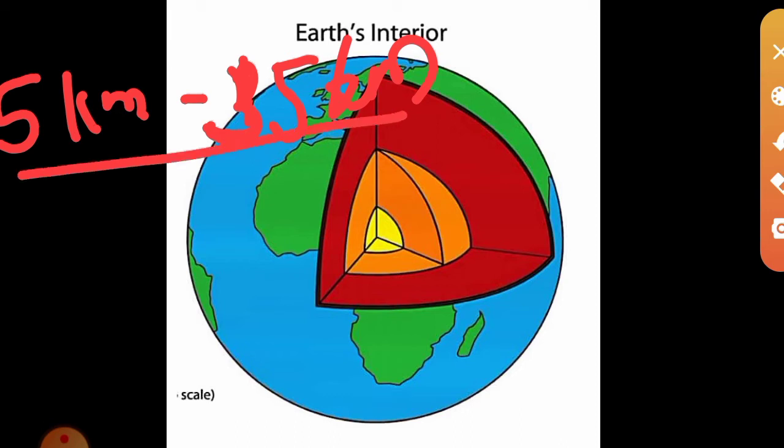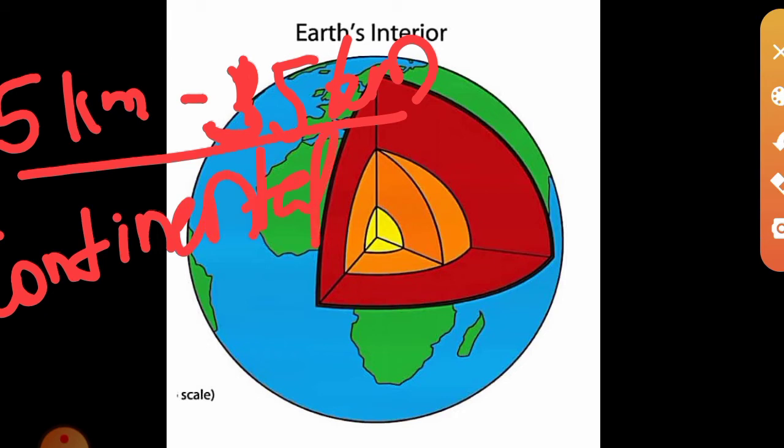That means 5 kilometers under the oceans, and 35 kilometers over the continents. That is why the thickness of the crust varies from 5 kilometers to 35 kilometers. And about the continents, the continental crust is known as Sial.